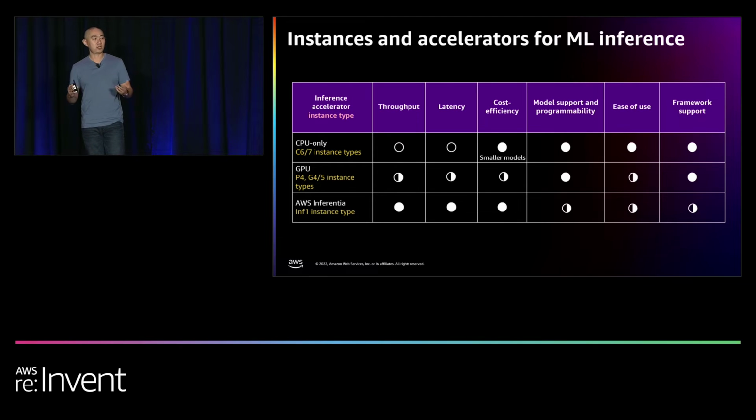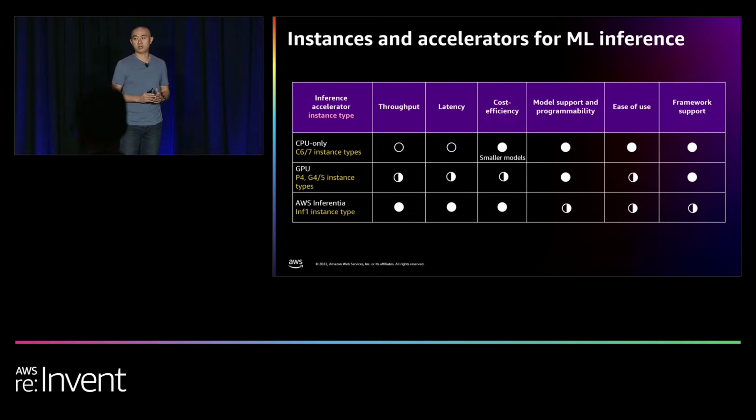And when you're facing a situation like this, we recommend you consider using AWS Inferentia, which powers the Inf1 instances. Inferentia is the first generation of machine learning custom chip that we built, specialized in deep learning inference. It offers high performance at a very competitive low price point.